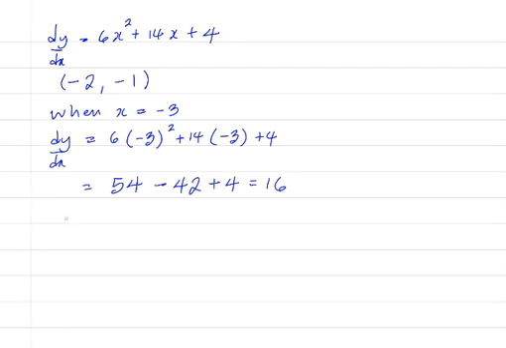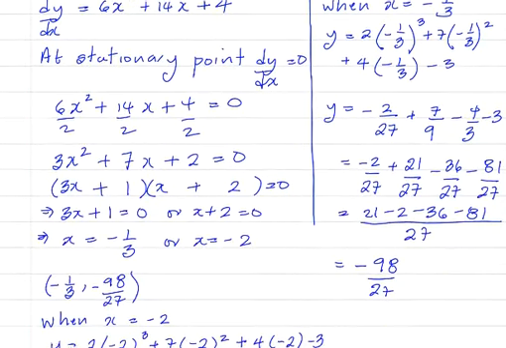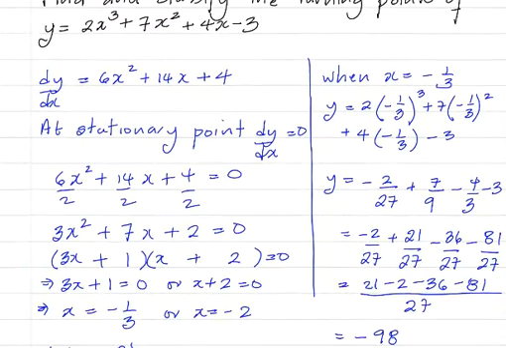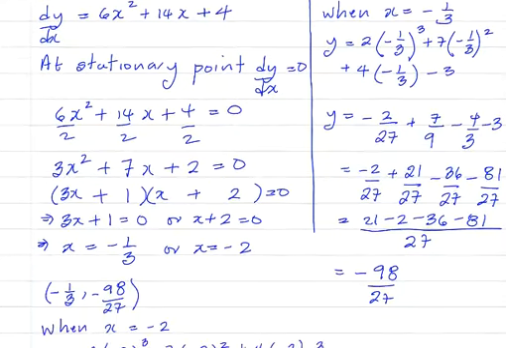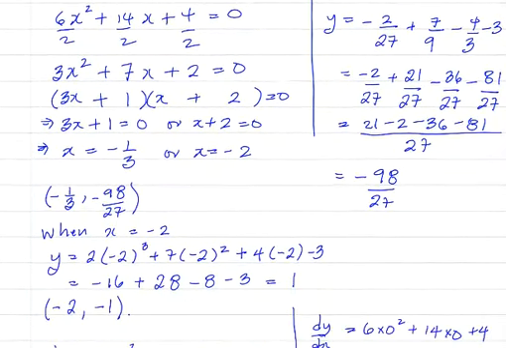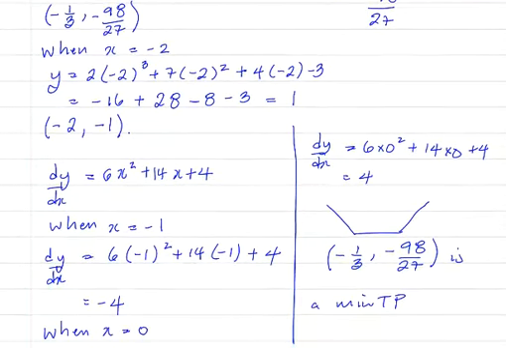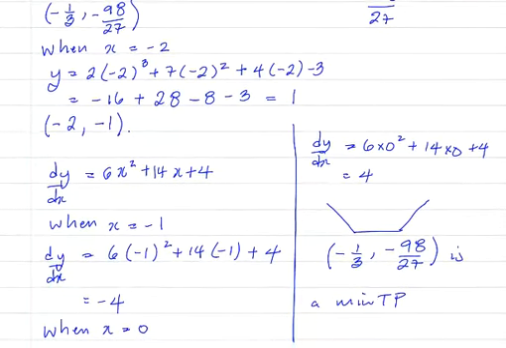I could say when x is equal to minus 1, which is after x is equal to minus 2, if I'm not mistaken, we found this already. When x is equal to minus 1, we got minus 4.